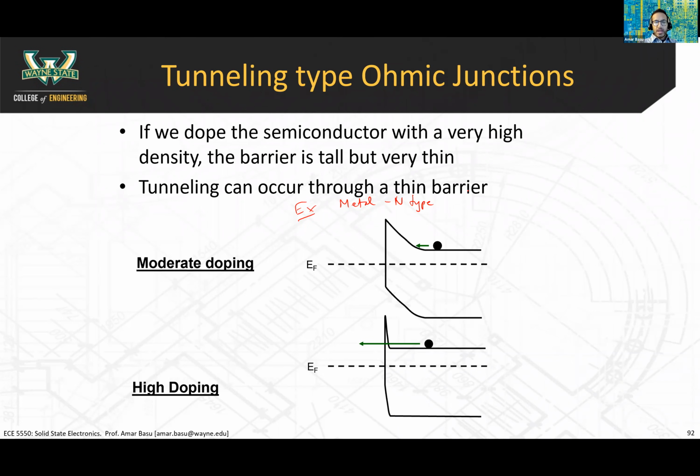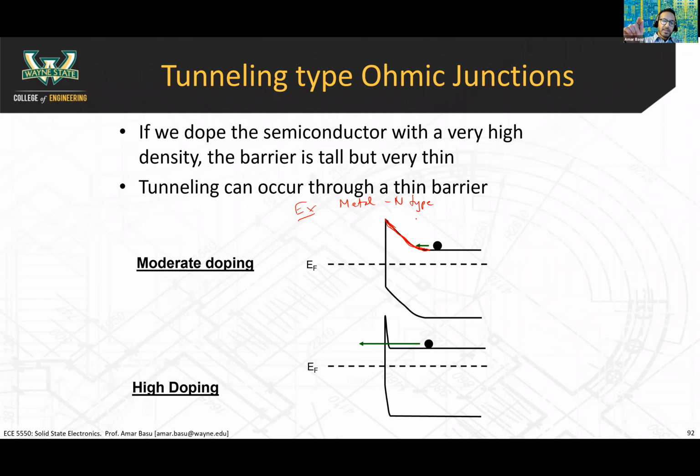If you have the standard Schottky barrier with moderate doping in the semiconductor, then your band diagram is going to look like this. This is the same band diagram we went over with the metal N-type Schottky barrier. This presents a barrier to electron flow. So unless you apply a potential, that barrier will not be overcome. So you'll only get current flow in one direction.